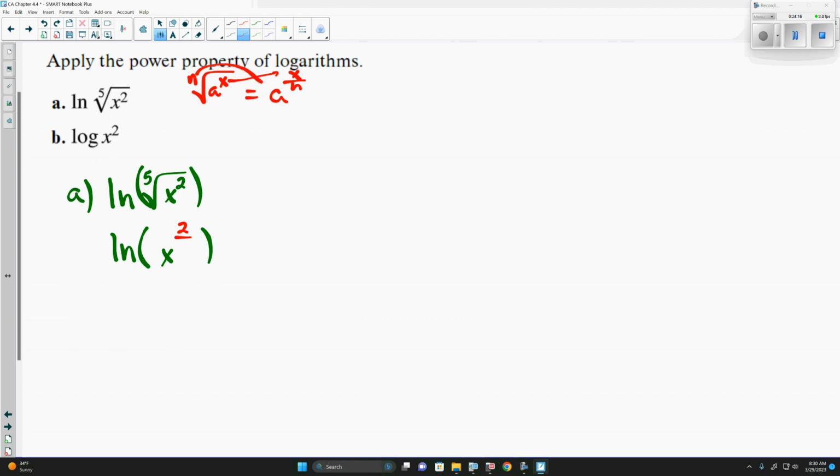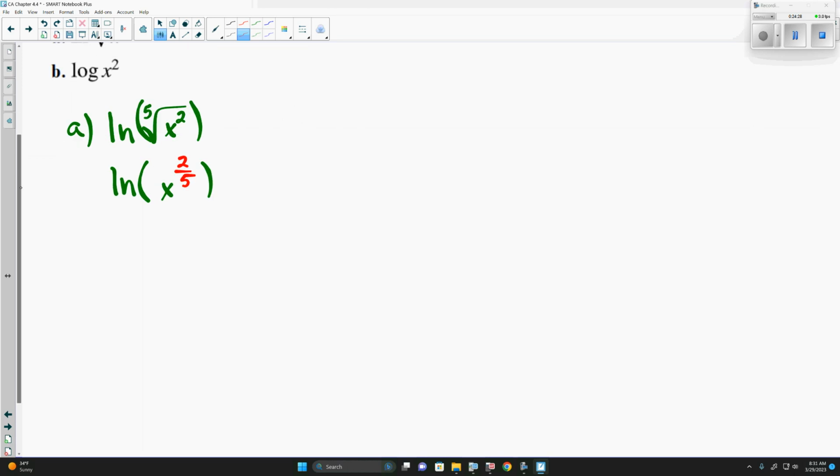The root is going to go on bottom. So the natural log of the fifth root of x squared is going to be the same as the natural log of x to the 2/5. And according to our power property, we can move the 2/5 out front, telling us this is the same as 2/5 times the natural log of x.